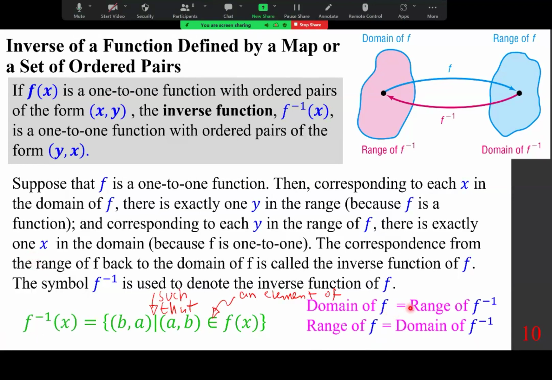Domain of f is range of f inverse. Range of f is domain of f inverse. Their domain and range are interchanged.